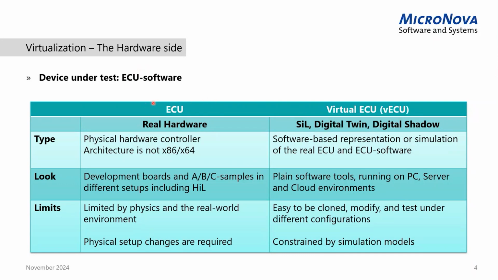It's a physical hardware controller, might look however, but the architecture is definitely not what you usually have in your PC architecture. So it might be some Infineon Aurix, it might be some Renesas processor. It's something completely different from the architectural side, and usually it looks like you've got some development boards, some ABC samples, or different setups, including hardware-in-the-loop simulators.